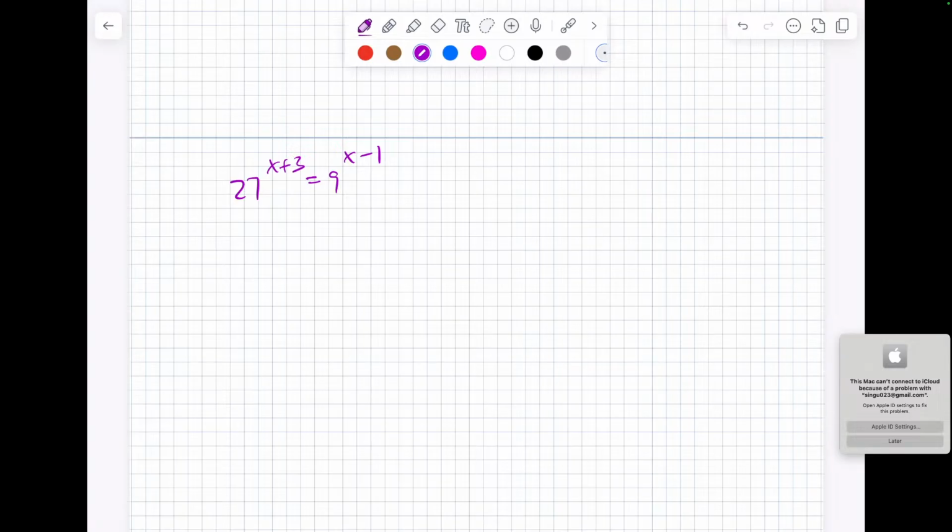Guys, it's not. It's going to become a 3. I just made it 27, 3. Yeah, 3 to which power is 27.